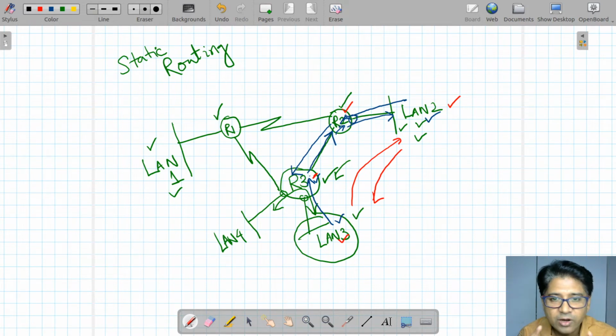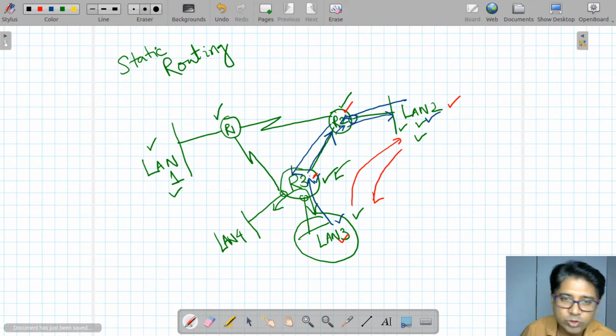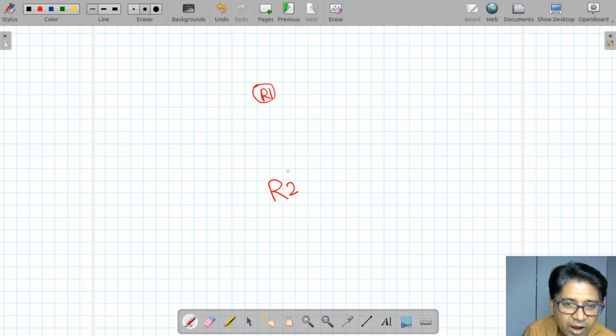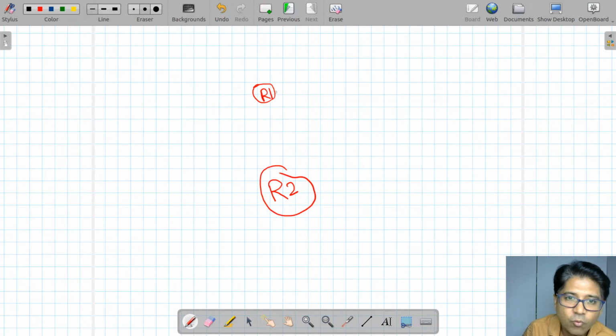Here again I am going to repeat, on a different sheet, how it works. You're supposed to understand this specifically. I'm going to take only two routers in this scenario so you can understand. We have R1 and R2. Behind R1 I'm giving you LAN 11, and again LAN 12.